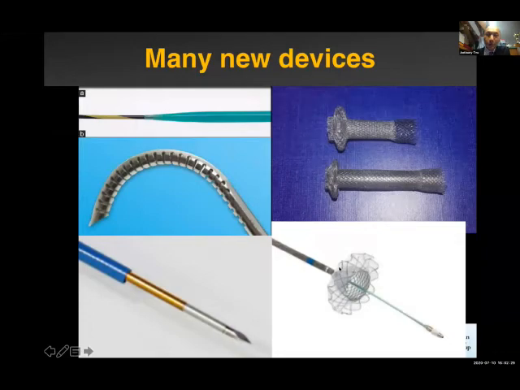There are even many newer devices coming out. For example, this is a steerable needle coming out from Medtronic, which allows the endoscopist to change the direction by turning the needle around, which helps to guide the direction of the guidewire.